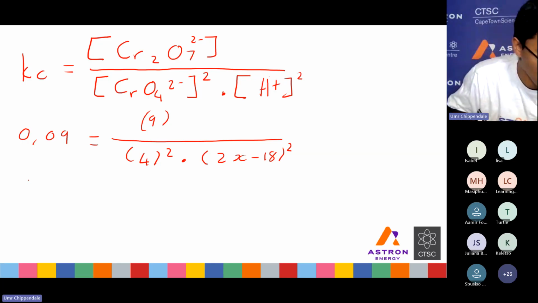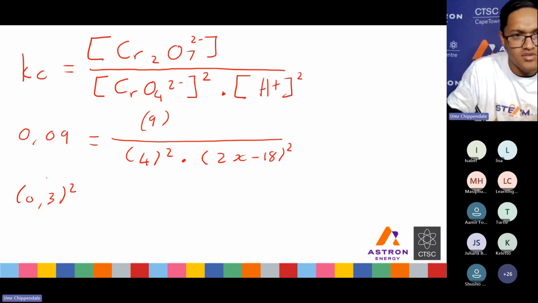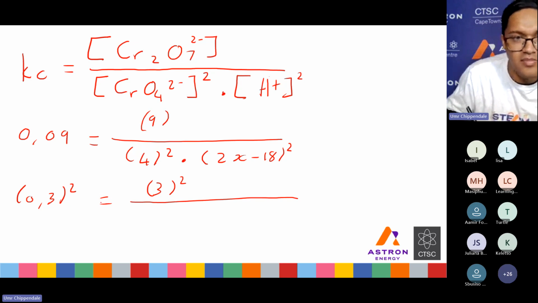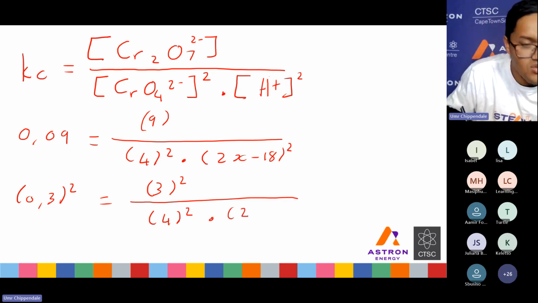So if you actually say 0.3 squared, that should give you 0.09. And if you say 3 squared, that would give you 9. I guess it is not a must. It's easier to type in the calculator like this. So that's how I left it. So I'm going to deal with everything else as the same. 4 squared. And this is going to be our 2x minus 18 squared.